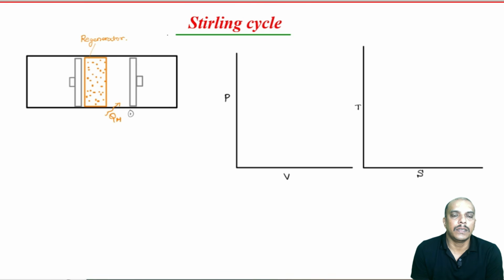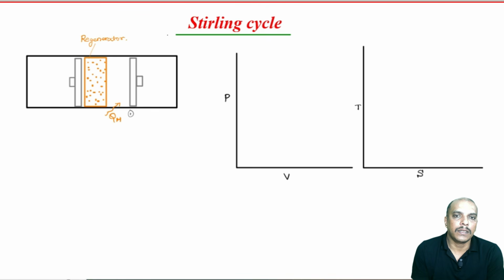Whereas, the heat addition and heat rejections are external, right. So, they are not reversible in Otto or diesel cycle, because in order for heat transfer to be reversible, the temperature difference between the working fluid and the heat source should not exceed the differential temperature dT. That is to say, the temperature difference between working fluid and the source should be very minimal.